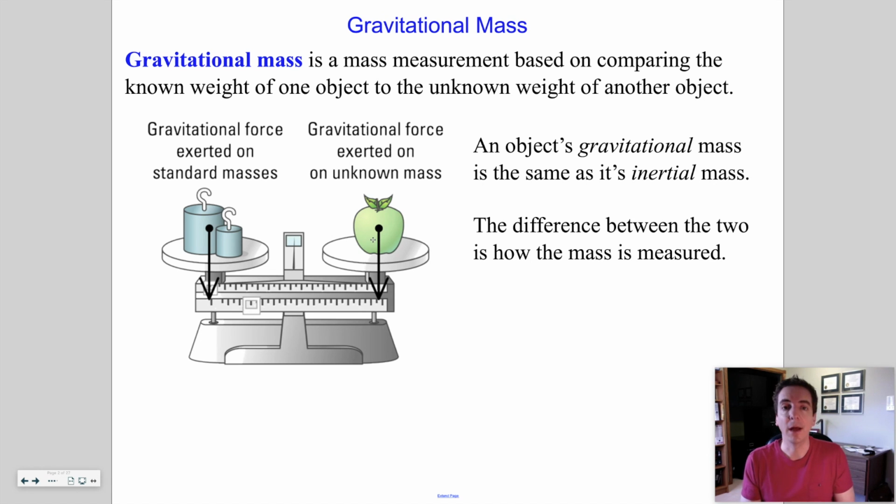So inertial mass goes back to Newton's laws, first law of inertia. Mass is the tendency of an object to resist acceleration. So in order to determine the inertial mass of an object, you essentially use the second law, F equals ma. And if you solve for mass, then it's force divided by acceleration.